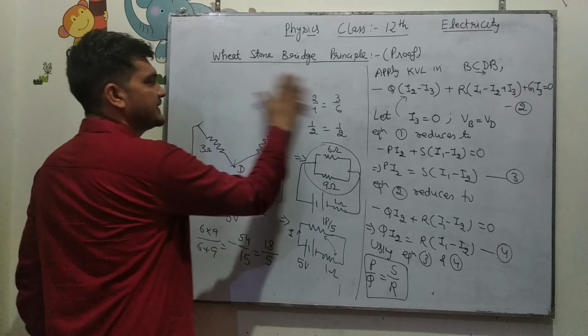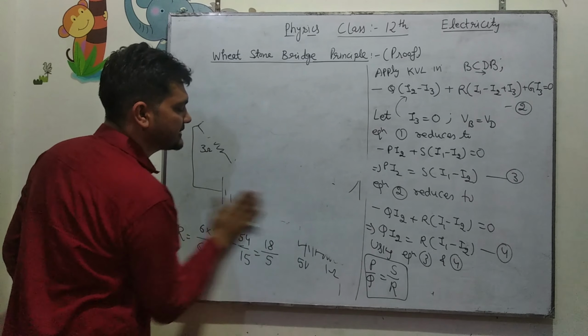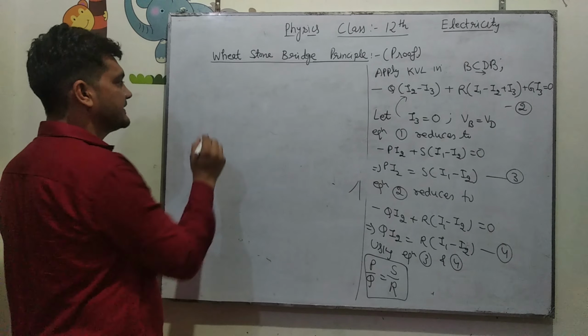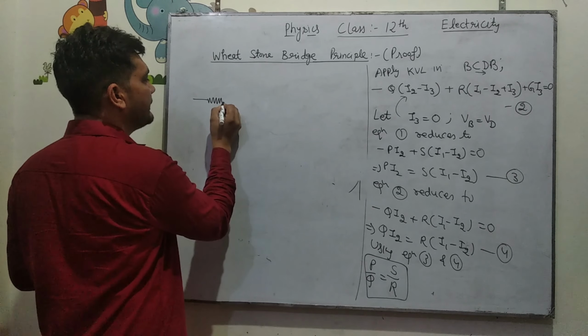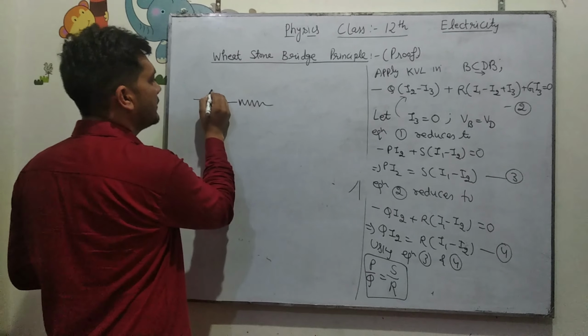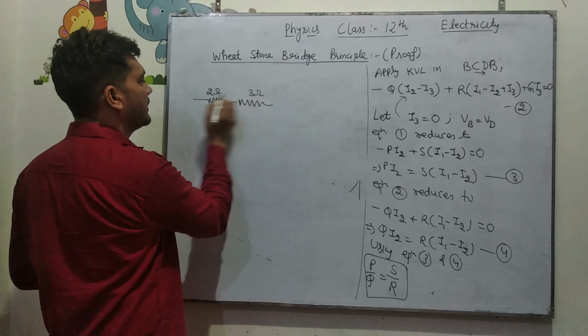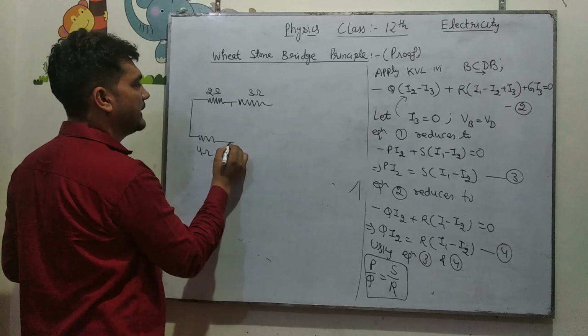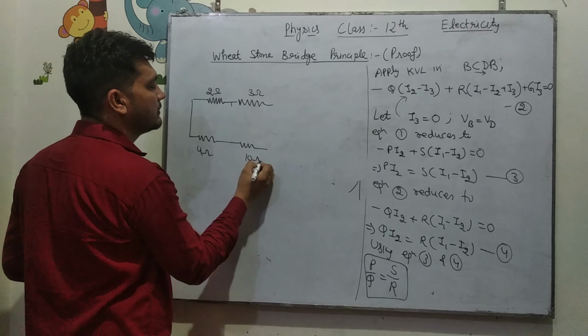Suppose sometimes the Wheatstone bridge is not in balanced situation. Then what will you do to find the currents in different branches? Suppose you get a Wheatstone bridge like this, 2 ohm, 3 ohm. Here you have 4 ohm and here you have 10 ohm.